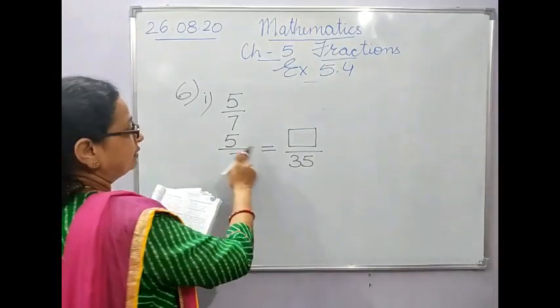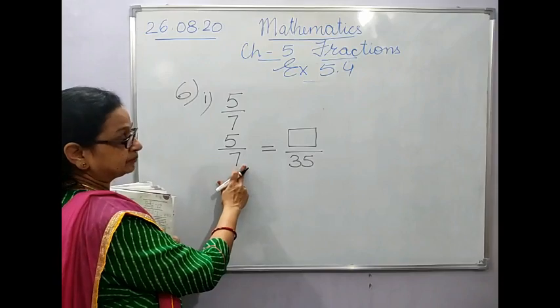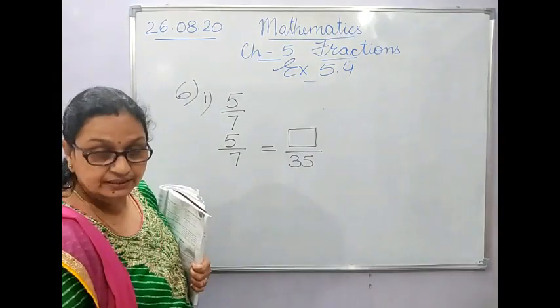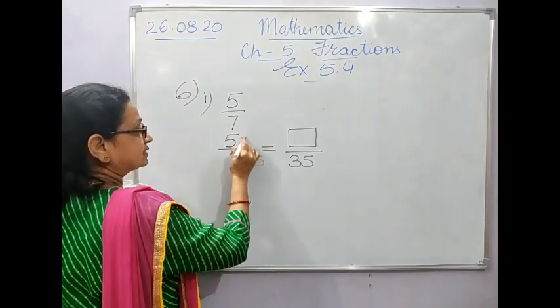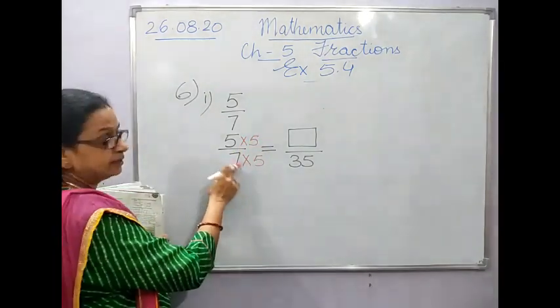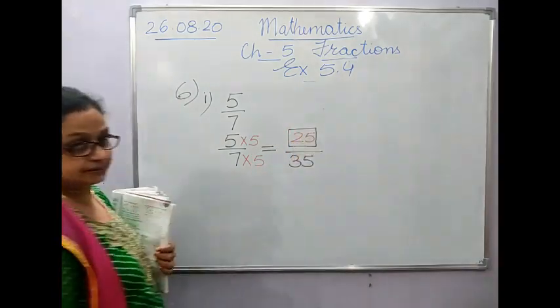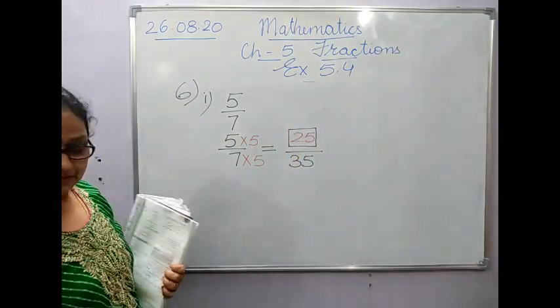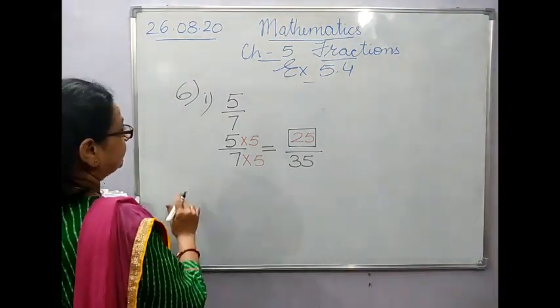Now this side is bigger than this, that means you have multiplied by something to get 35. 7 5s are 35, that means this has to be multiplied by 5 only. So 5 5s are 25 is your answer. Just as we have done in question number 5, same way it is done over here.